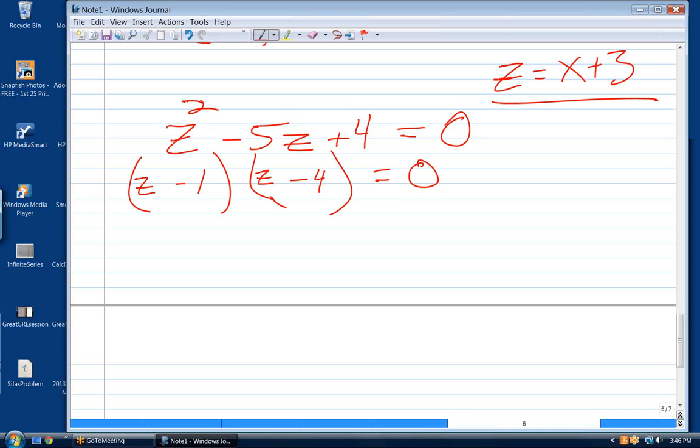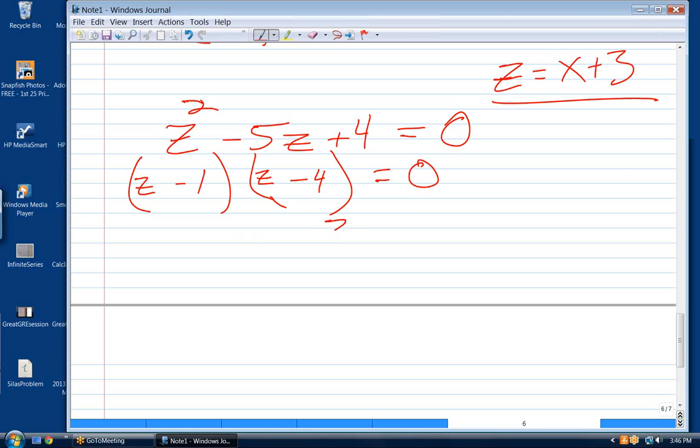Is that what the teacher did, or did the teacher wait and solve for z and then give you the solution for x? He showed us 2 ways to do it. He said we can do it your way, where you just put it right back in there. But then the other way we did it was you would get 4 and 1 for this problem.